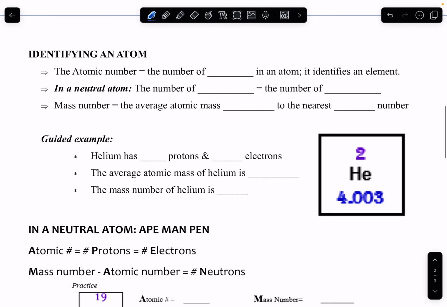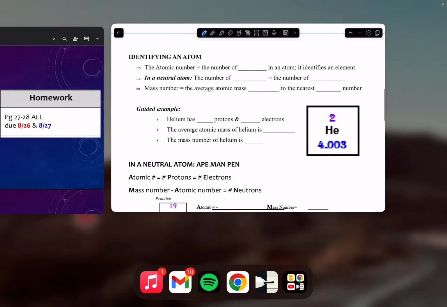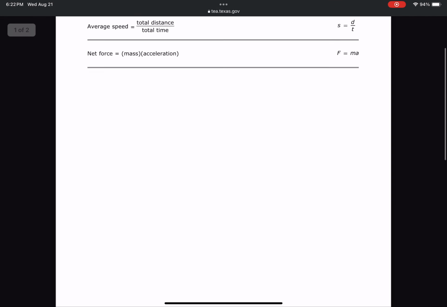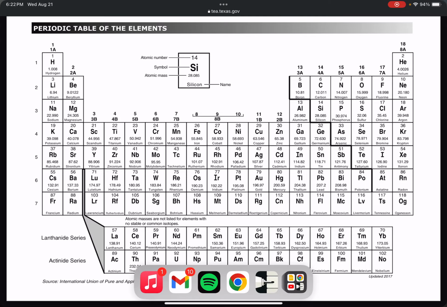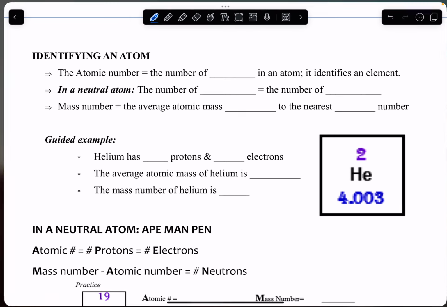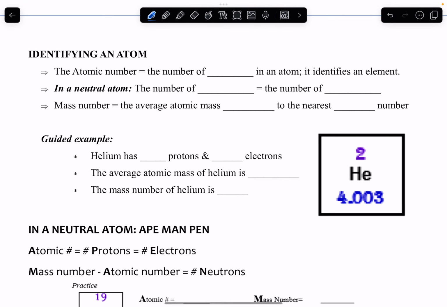So if I'm looking at my periodic table, and that looks like this. We've all seen a periodic table. We see these cute little symbols. They look like this. My atomic number is the number of protons in an atom, and it identifies the element. So think of your atomic number as like your social security number.